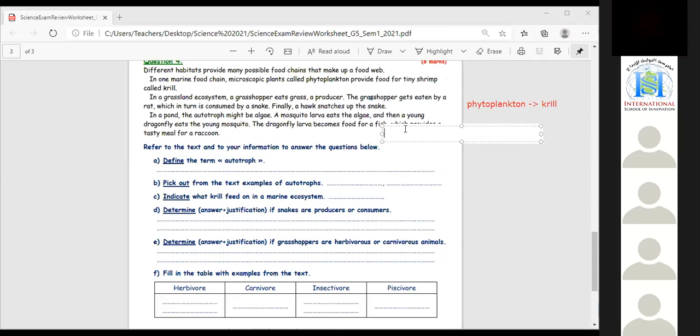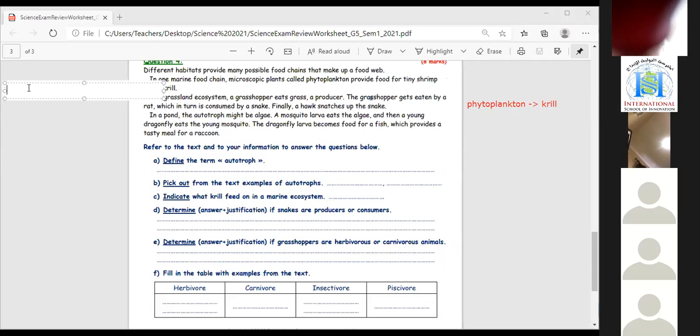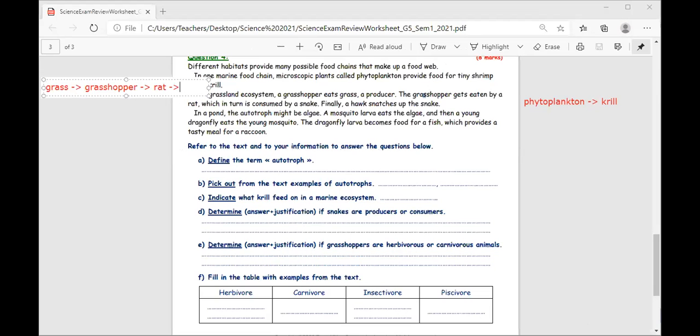In a grassland, I will write it right here. A grasshopper eats grass, so the grass is eaten by the grasshopper. The grasshopper gets eaten by a rat. A rat is consumed by a snake.